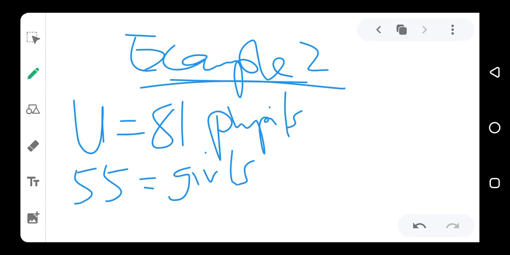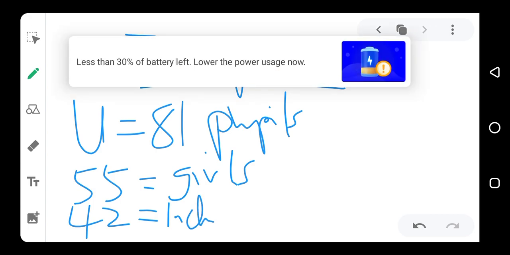Now, 42 pupils, including all the boys, are day students.